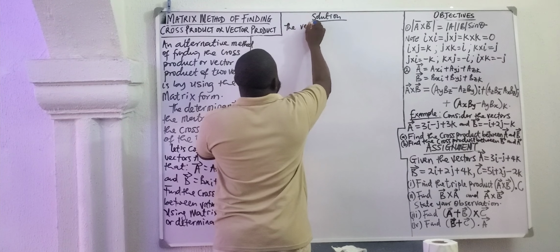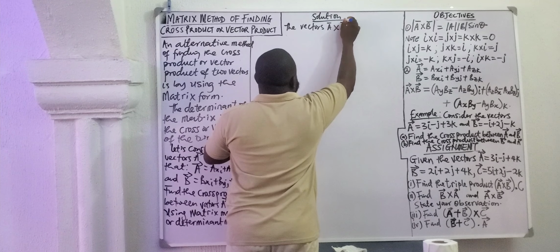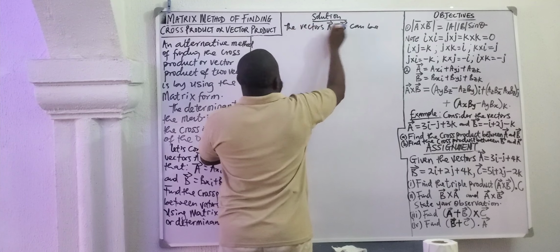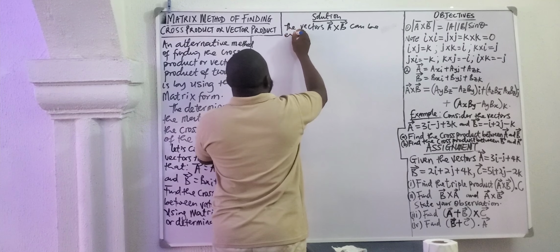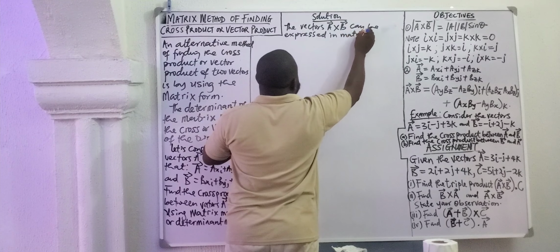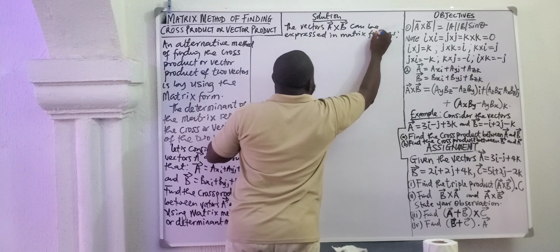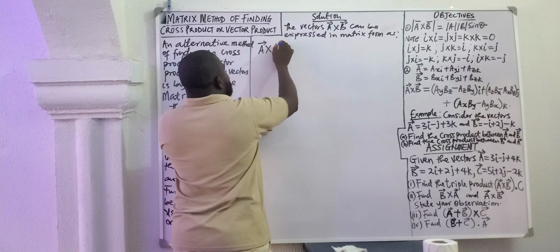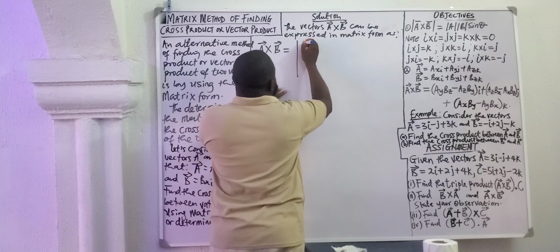A cross B can be expressed in matrix form as A cross B equals, I will use this sign, absolute sign here means determinant.